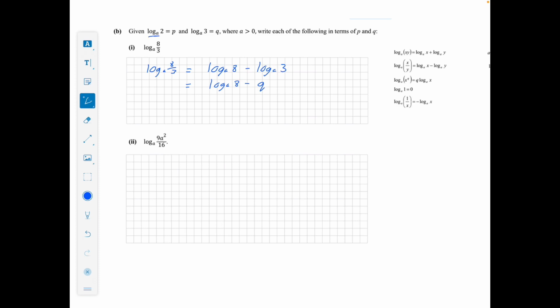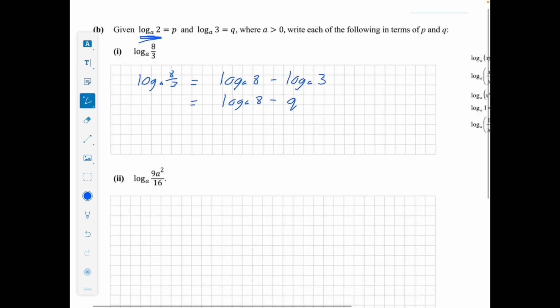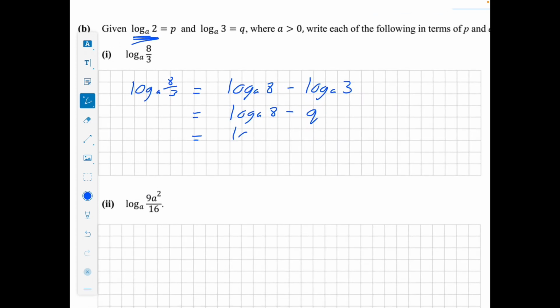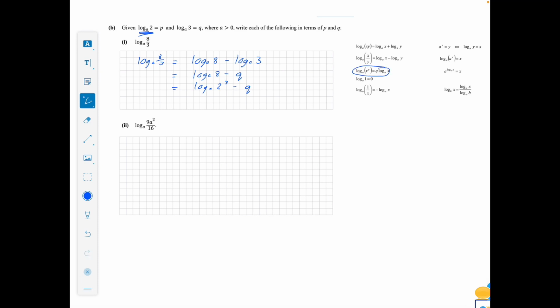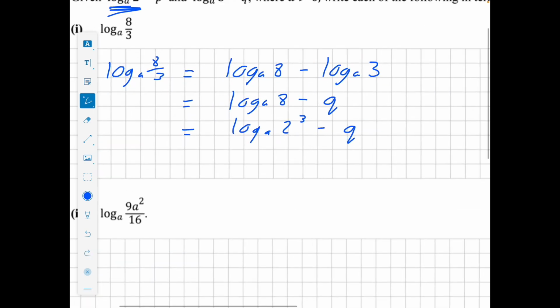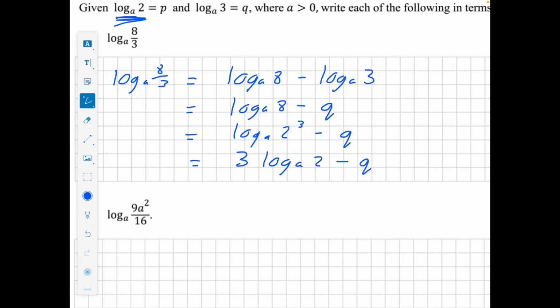Now we need that log to base a of 8 to change. Ideally I want it to look like log to base a of 2. Now, how can I change an 8 into a 2? What I could write this as is log to base a of 2 cubed minus q. Now I've log to base a of 2, just this cubed is in the way, but I can use this law here, the third one, to bring down that power out in front.